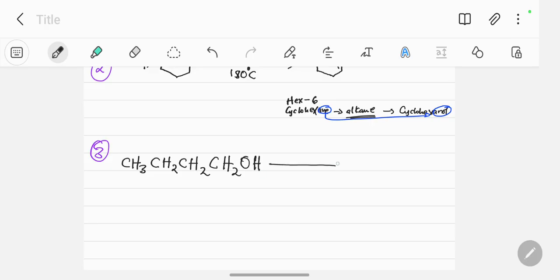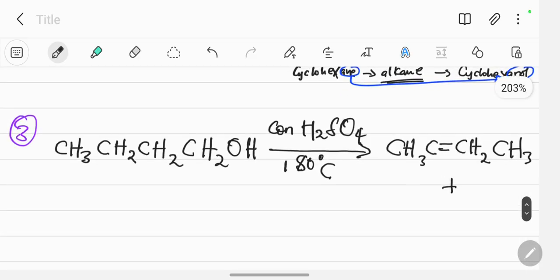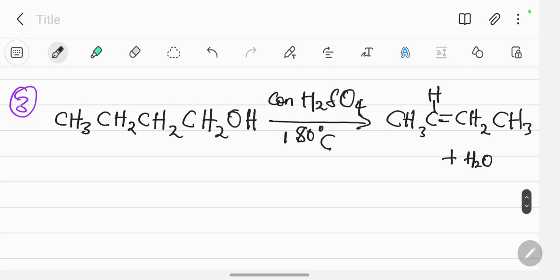So when I put in concentrated sulfuric acid at 180, surprisingly I end up with CH3CH=CH-CH3 plus water. Don't forget that hydrogen. How is this coming about?